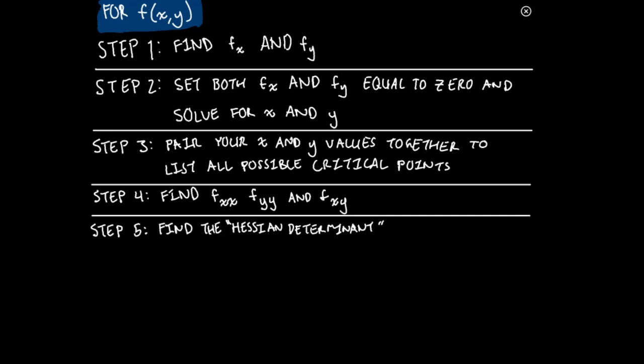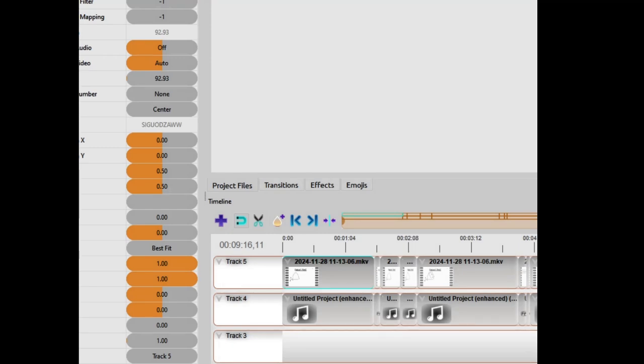All that we're going to do is remember that D is equal to your second partial derivative with respect to x multiplied by your second partial derivative with respect to y minus your second partial derivative going with x and then y, squared.